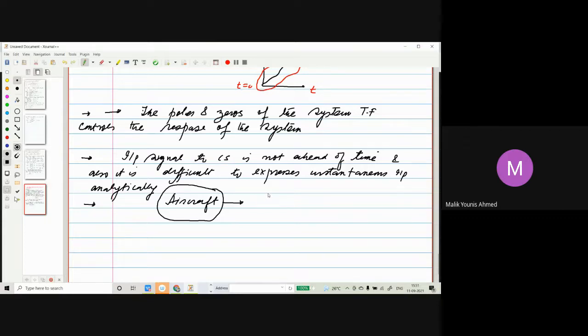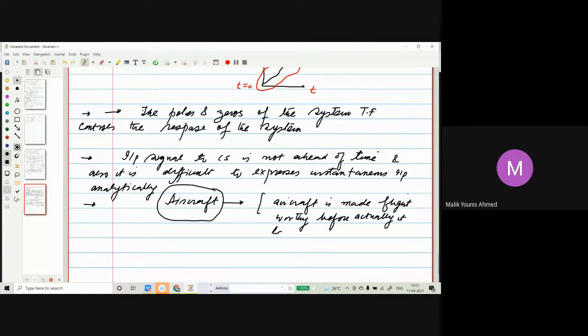So I write a point here: the aircraft is made flight worthy before it actually takes off.